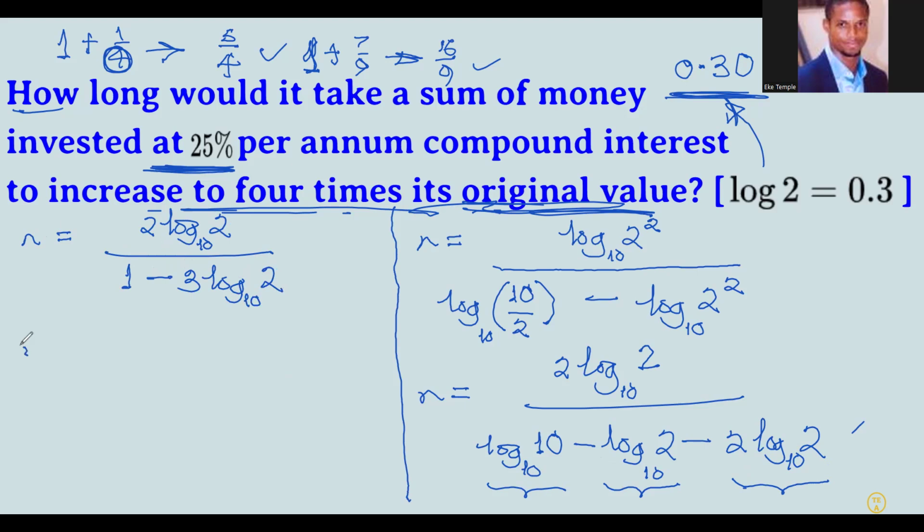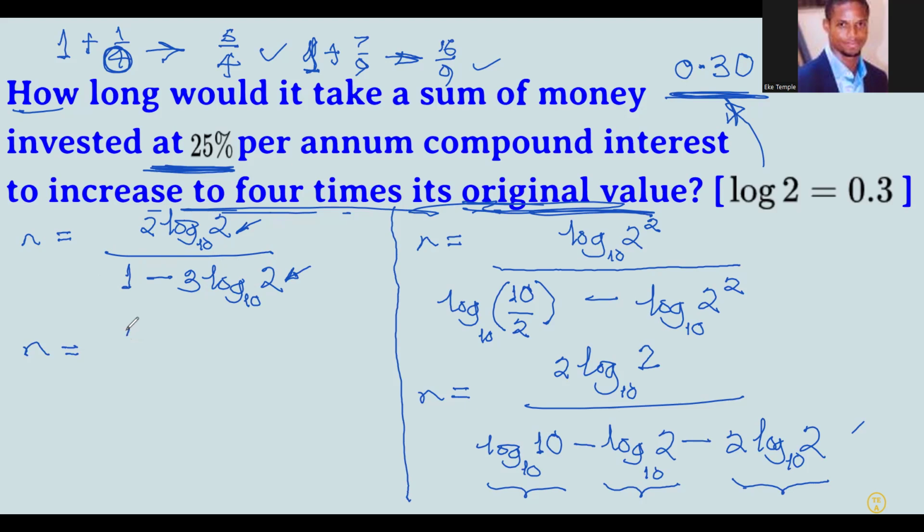And that implies that n is equal to 2 log base 10 of 2 over 1 minus 3 log base 10 of 2. At this point, log base 10 of 2 can be substituted because we have this value already. And don't try to cancel them out, of course, because this term, 3 log base 10 of 2, is being subtracted from 1. So this log base 10 of 2 is not able to cancel.